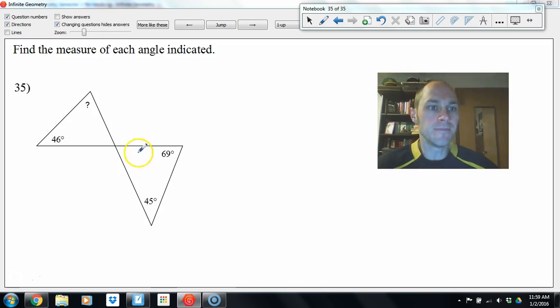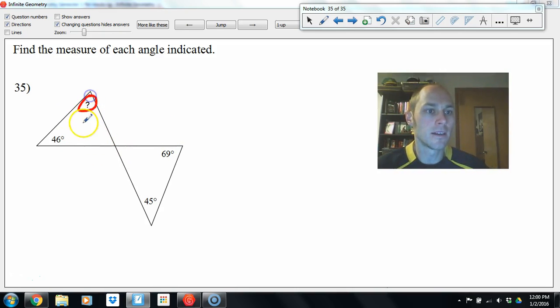Find the measure. Well, I know this one is the one I need to find. I have one angle but not the other one. If I can find this angle, I can eliminate it. So I know these 2 angles are vertical, so these will be the same. So 69 plus 45. If I subtract that from 180, I can find that third angle. So 69 plus 45 is 114?